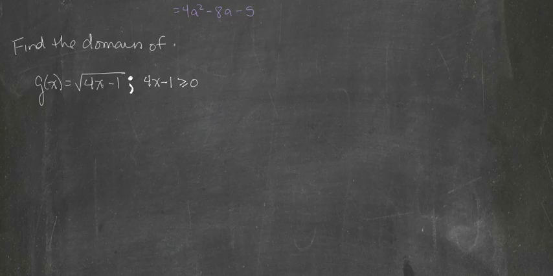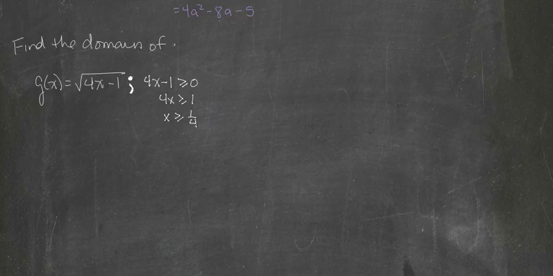But you're not allowed to have a square root just less than 0. And so now we'll just go ahead and solve. 4x has to be bigger than or equal to 1, just adding 1 to both sides. So x has to be bigger than or equal to 1/4.